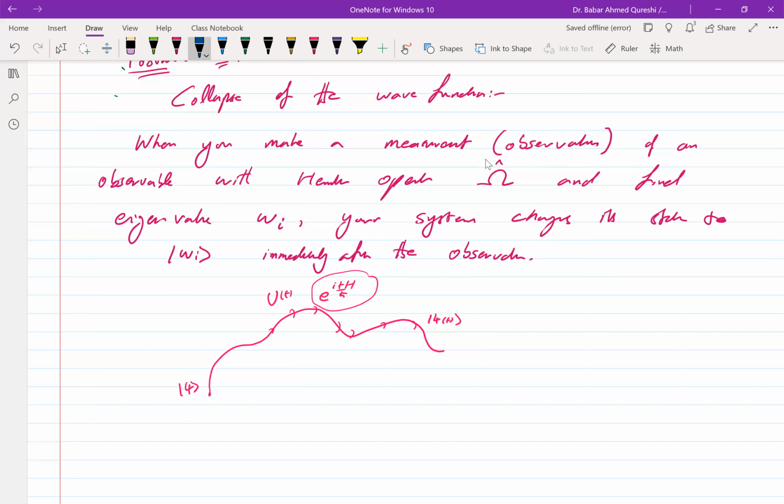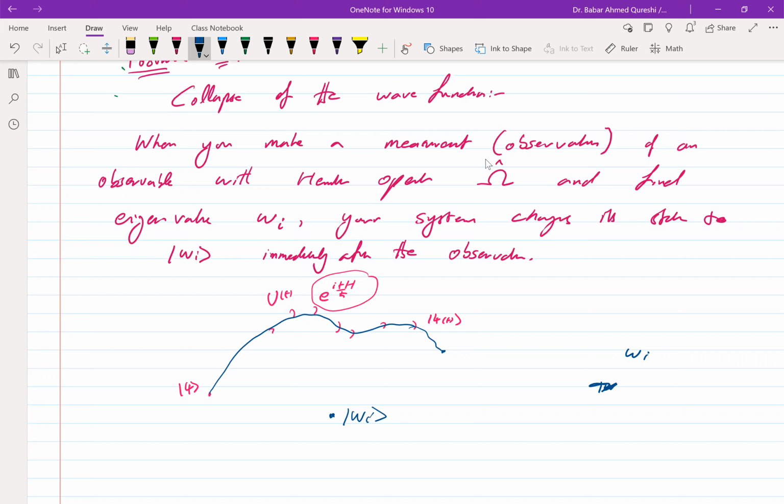This law doesn't apply. You make a measurement, you find eigenvalue in your measurement apparatus, you find Wi. It forgets what it was doing. As soon as you make a measurement, it jumps. It jumps from here and lands at the corresponding eigenvector which you have found. It collapses to the eigenvector which you have just measured.